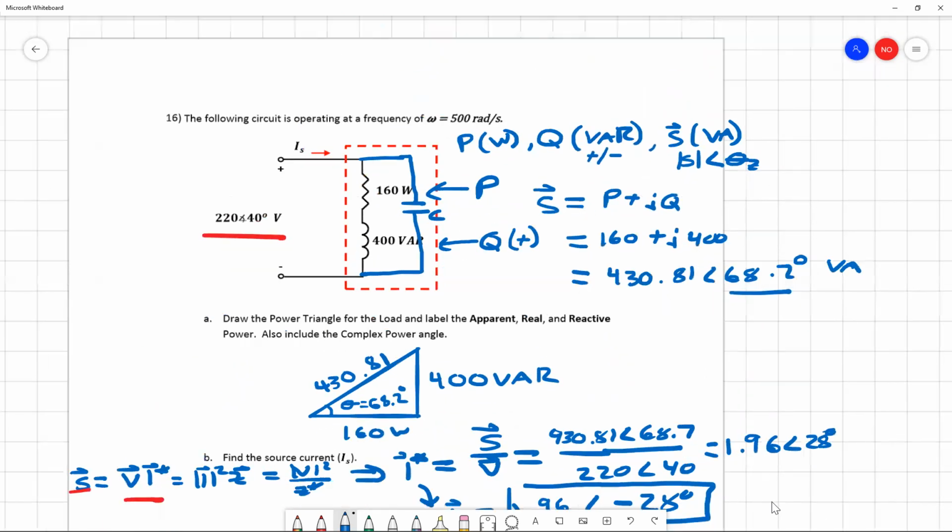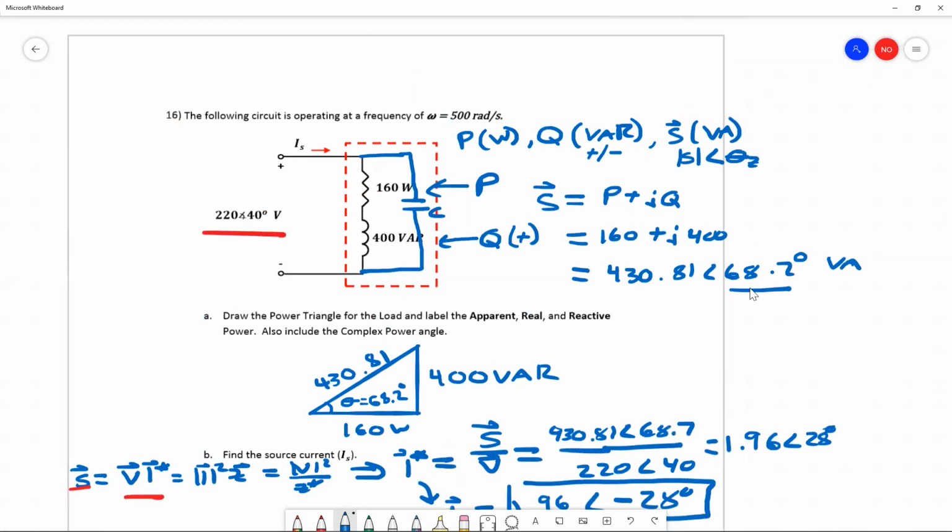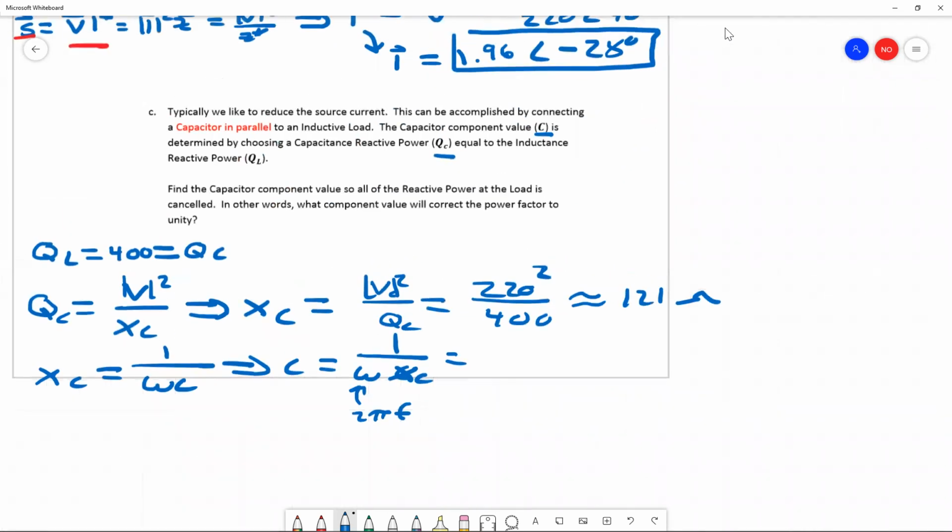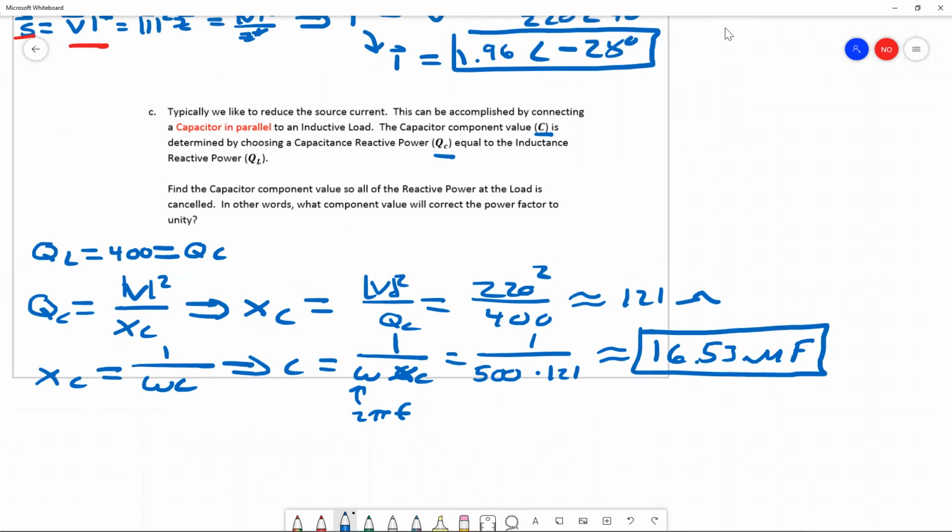If you look above, we were told that omega equals 500. So that's 1 over 500 times 121, which gives us a capacitor value of around 16.53 microfarads, farads being the unit for capacitance. So that is problem 16, parts A, B, and C.